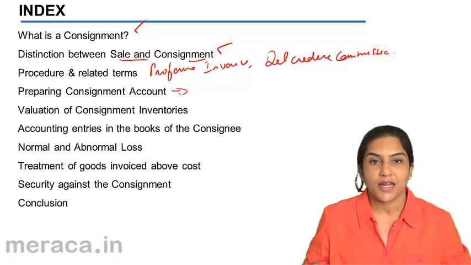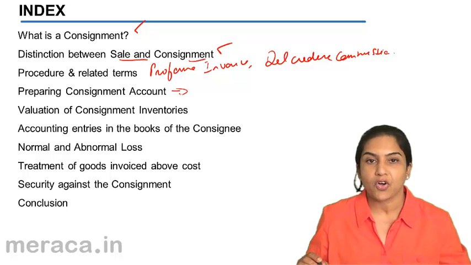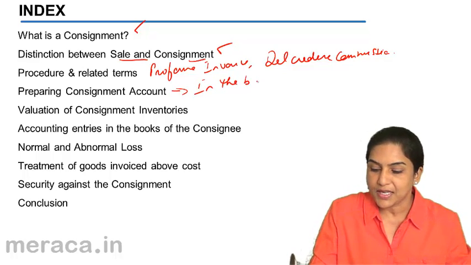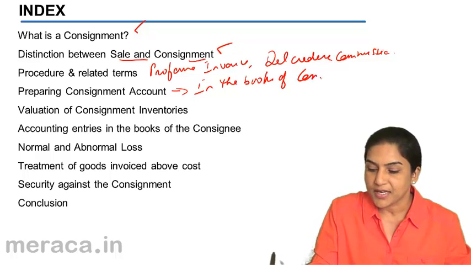How will the consignor know whether he has made a profit or loss on consignment? He does so by preparing the consignment account. So these are basically accounting entries in the books of consignor.